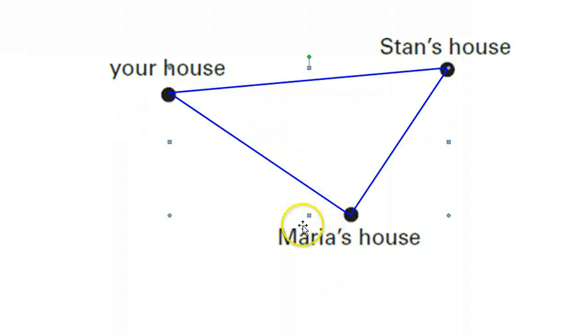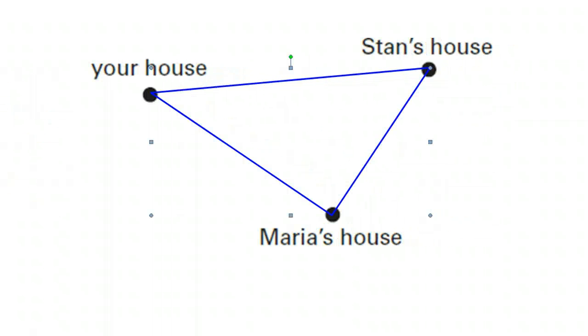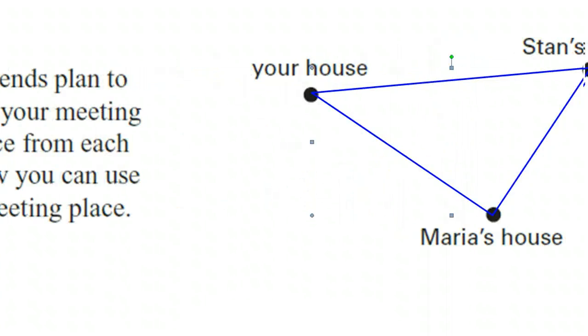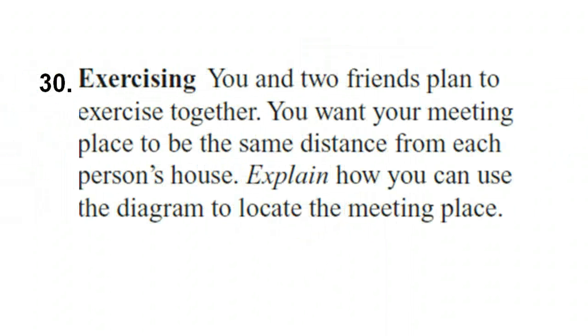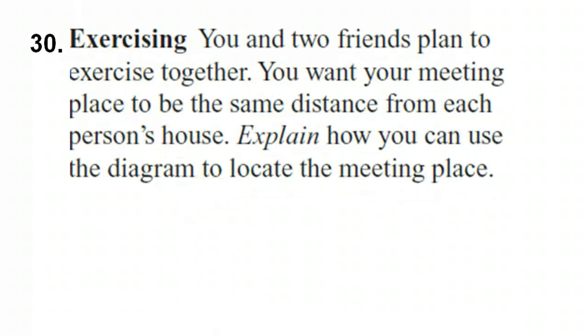If we want the meeting place to be the same distance from each of these vertices, then what you want is the circumcenter. So we need to find the circumcenter. And of course we learned that we can find the circumcenter by drawing perpendicular bisectors. So let's write up what we just said and then we'll do it.